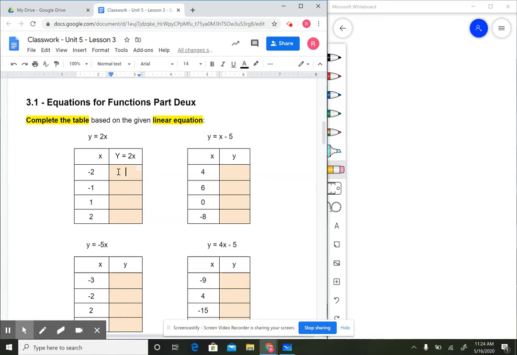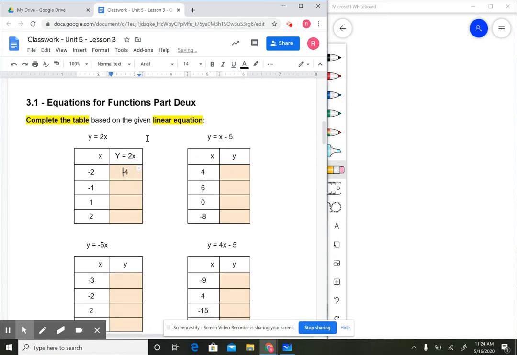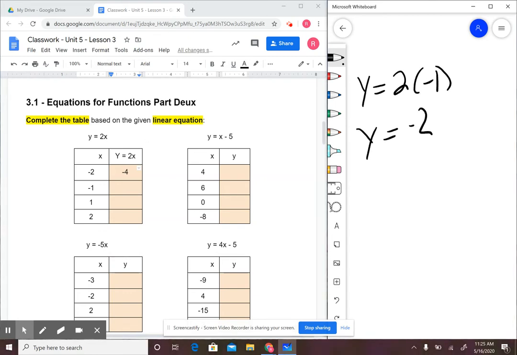So y is equal to 2x, and that x is negative 2, and y is going to be negative 4. 2 times negative 2 would be negative 4. We don't write all this, though. We just put negative 4. For the next one, y is equal to 2 times negative 1. So y is equal to negative 2.